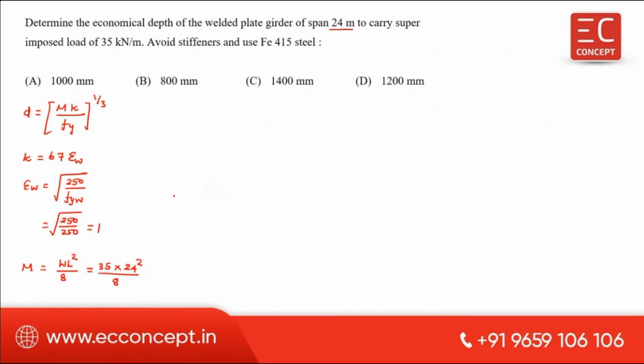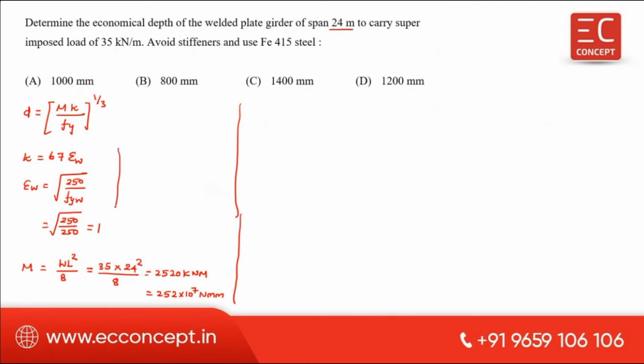But you have to convert in terms of Newton millimeter after that. So this is the answer, 2520 kilonewton meter. So this is 252 into 10 raised to 7 Newton millimeter you have to convert it. So your moment is over.